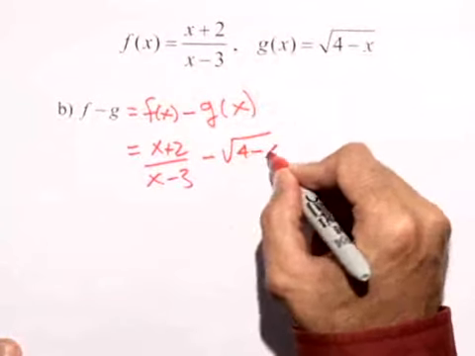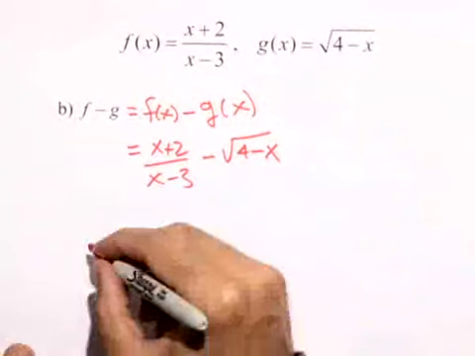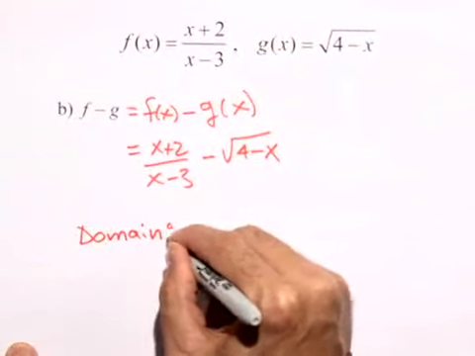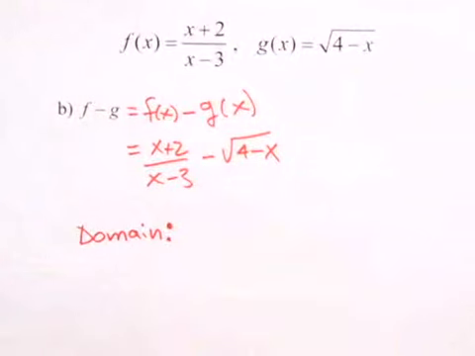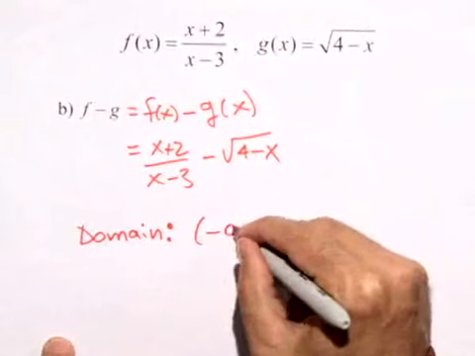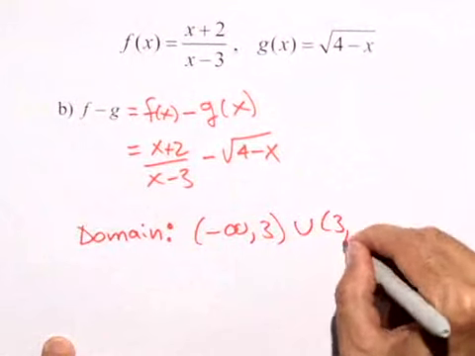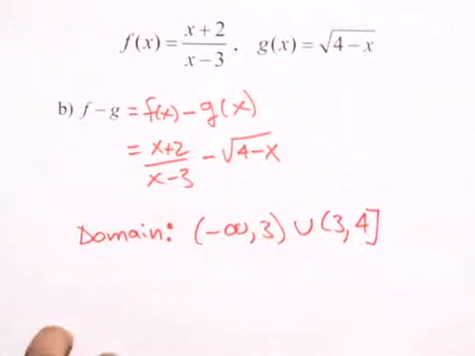So nothing to that again. Now the nice thing is we've already figured out the domain because it's exactly the same as the domain of f plus g, which we said was negative infinity to 3, union 3 to 4, and including the 4. All right, let's do part C.